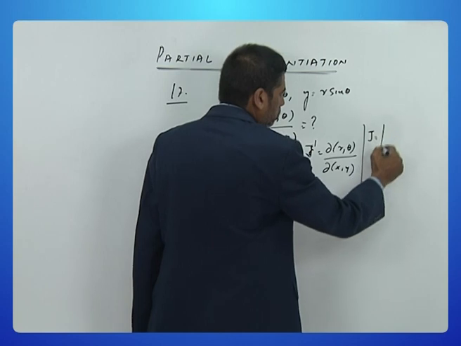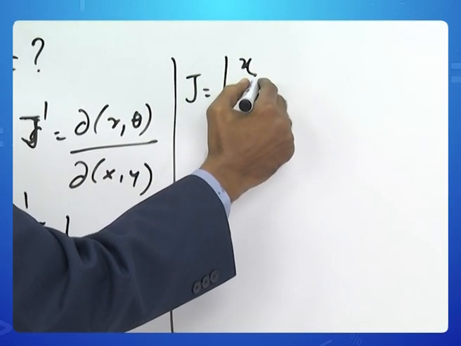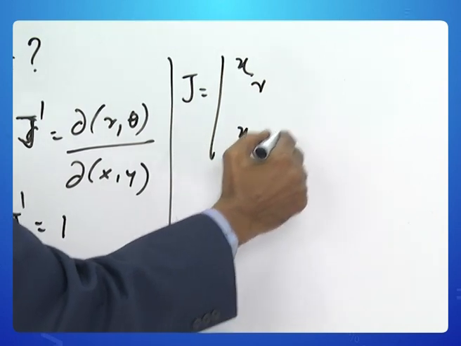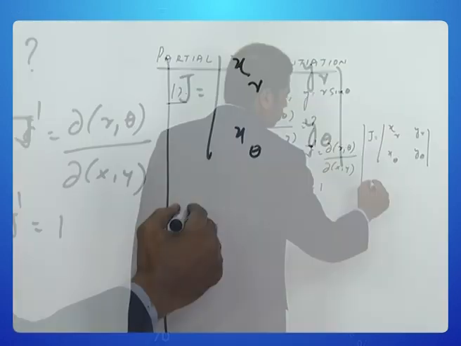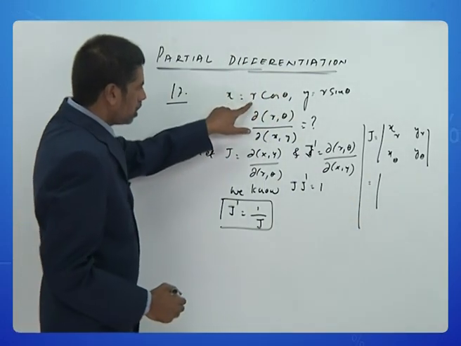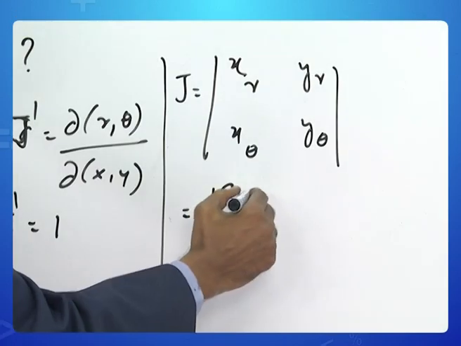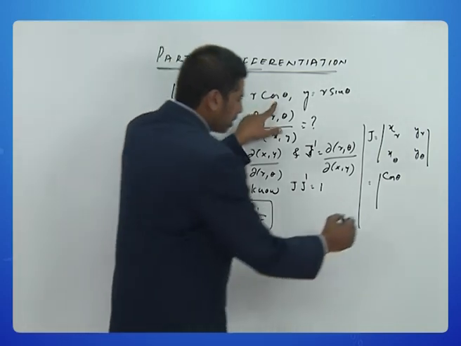J is equal to the determinant of xr, x theta, yr, y theta. xr is dou x by dou r, and therefore you get cos theta. x theta gives you minus r sin theta.